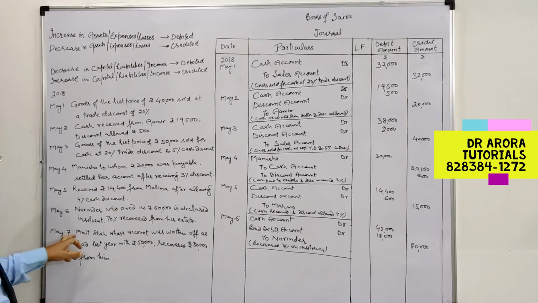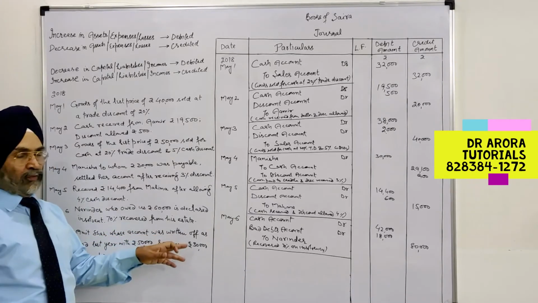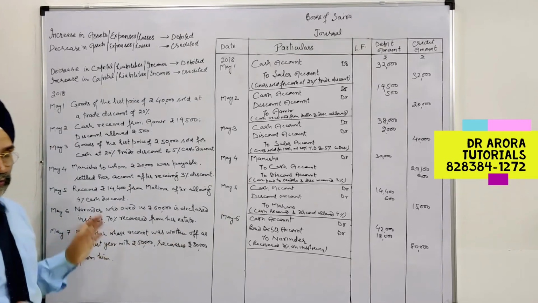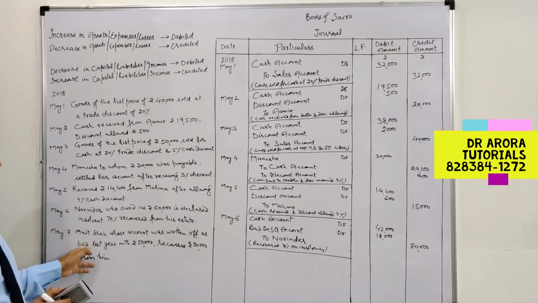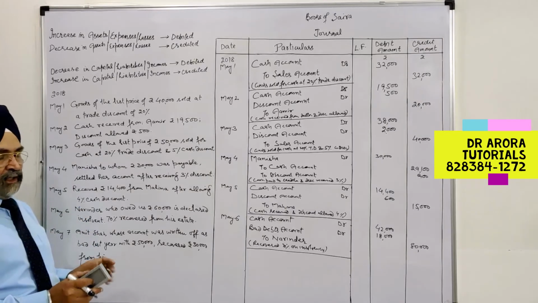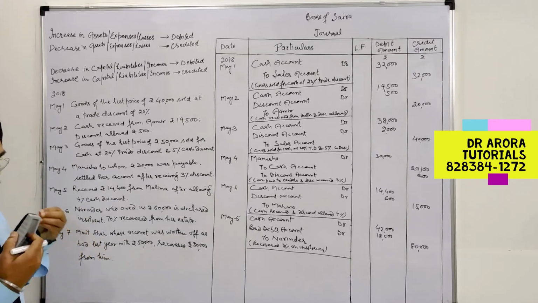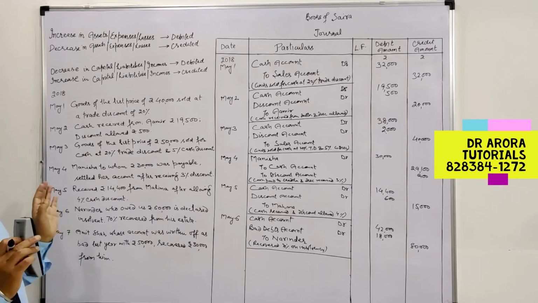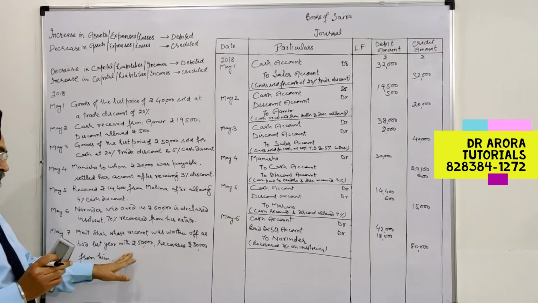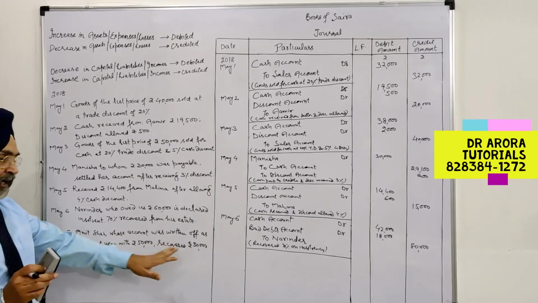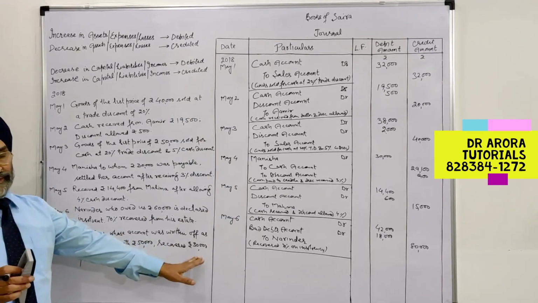And last entry is Amit Shah, whose account was written off, whose account was closed last year as bad. So his debt has become bad, his account was written off or totally closed, and that person paid us rupees 30,000.